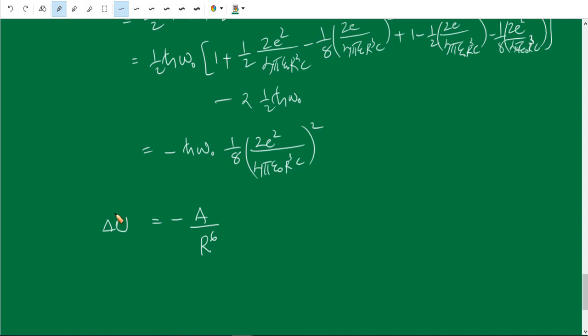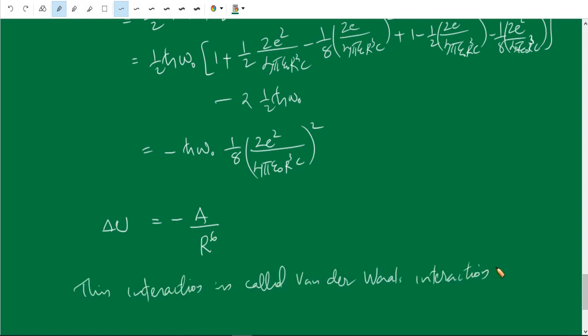So the attractive interaction varies inversely as the sixth power of the separation of the two oscillators. This interaction is called van der Waals interaction. It is also called the London interaction or induced dipole-dipole interaction.